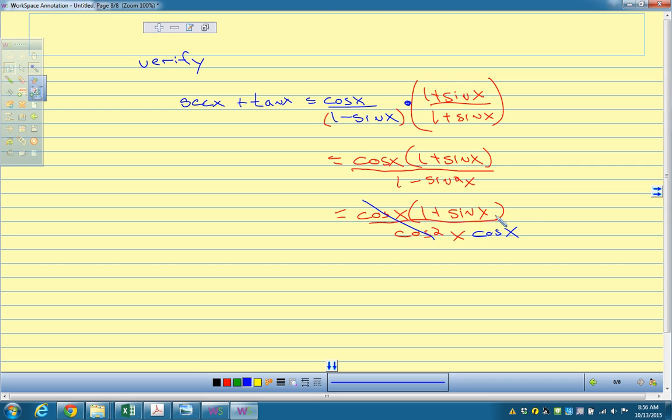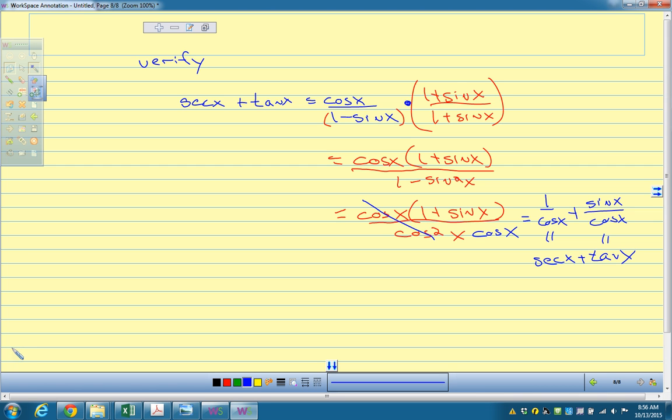Then I rewrite this as 2 fractions: 1 over cosine x plus sine x over cosine x. This is secant x, and this is tangent x. And then I'm done. It's just lots of practice with these. Did I go too fast for anyone?